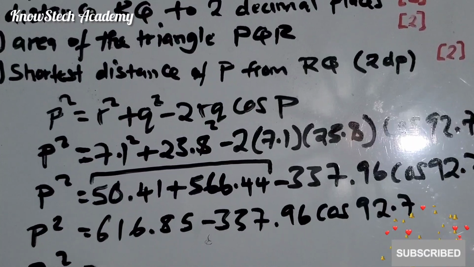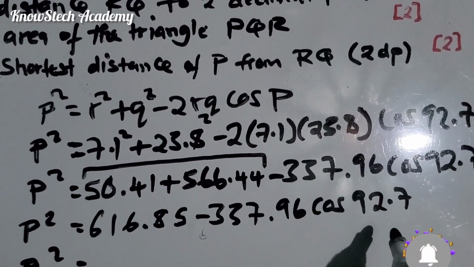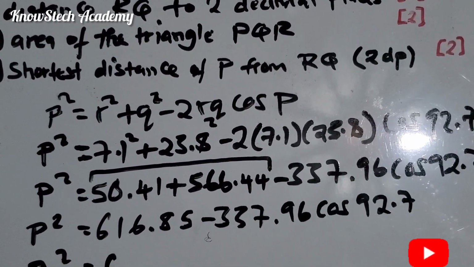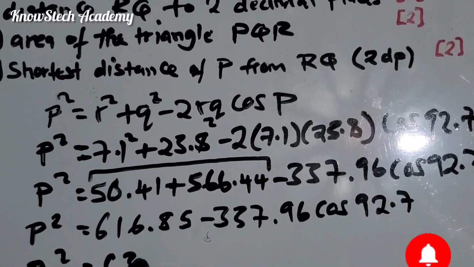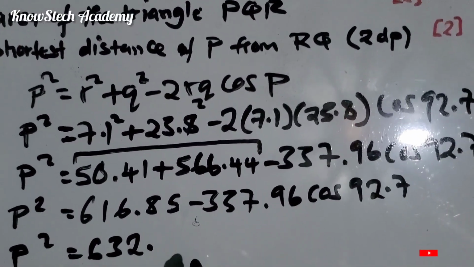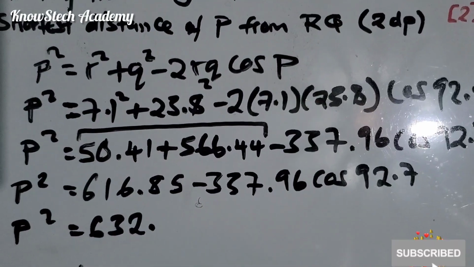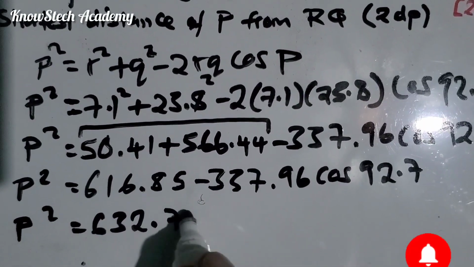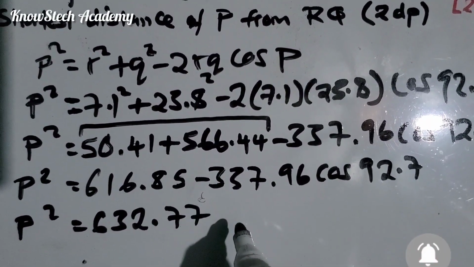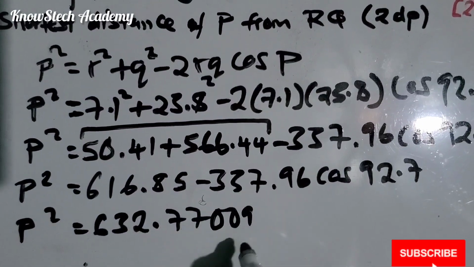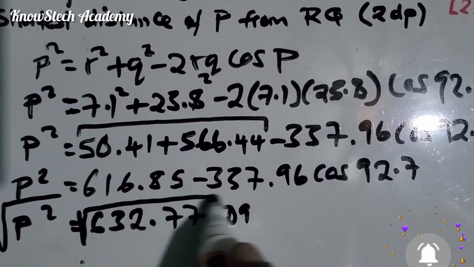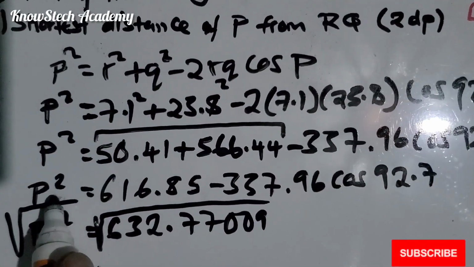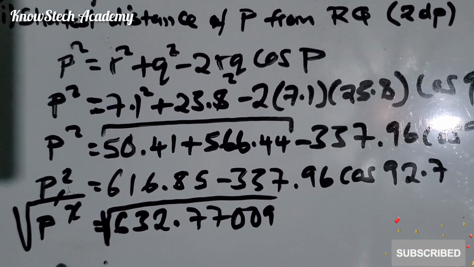So p squared is equal to, when you punch everything on the calculator here, you're going to find 632.77009. So when you square root both sides, this and this square will cancel.